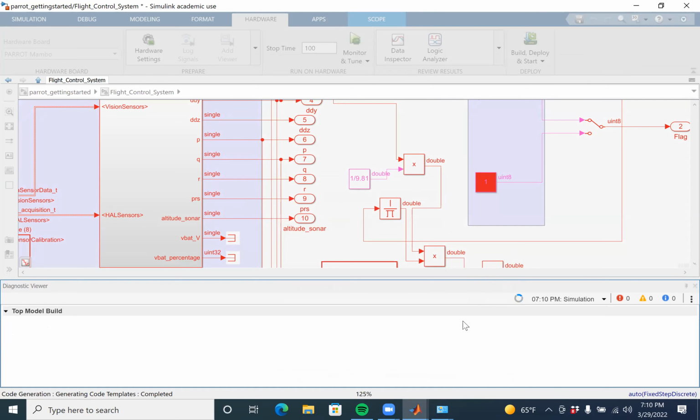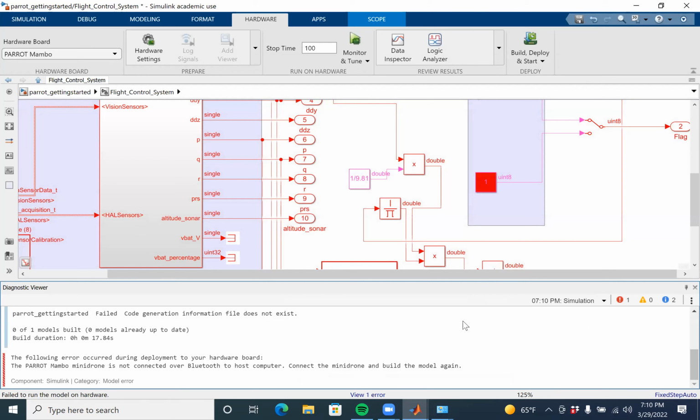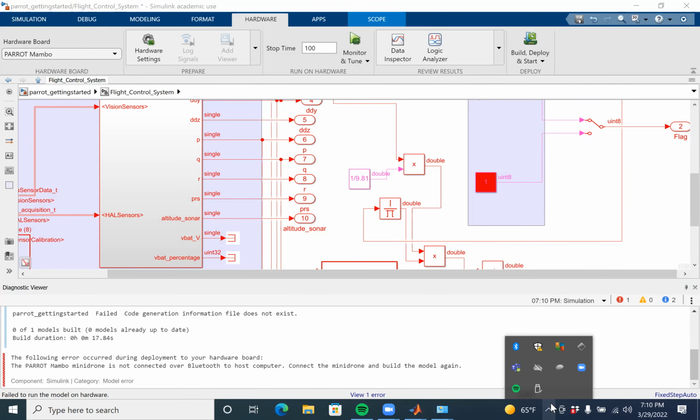So please try this. Okay. Tatvik, is your Bluetooth on? Everyone's Bluetooth is off. So please turn off your Mambos.